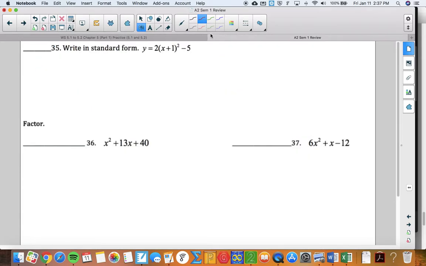Write the equation in standard form. So that means we need to have an x squared. Remember, standard form looks like this for a quadratic function. So I need to square this x plus 1.